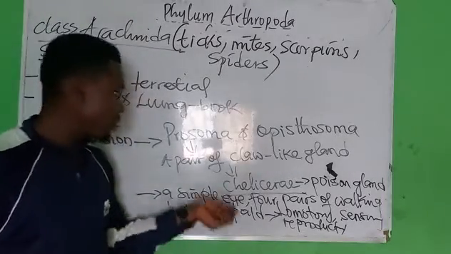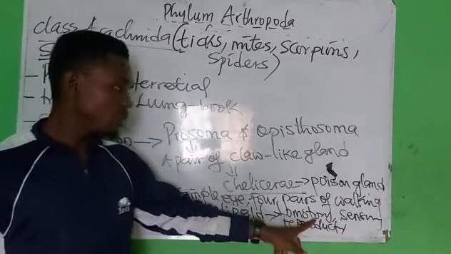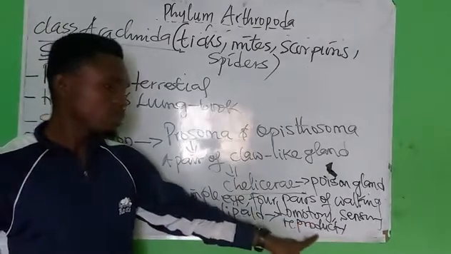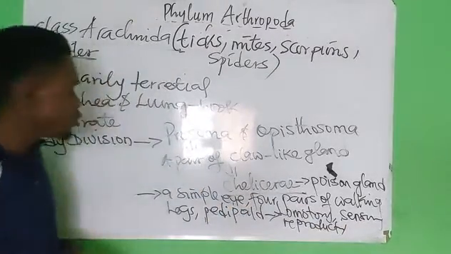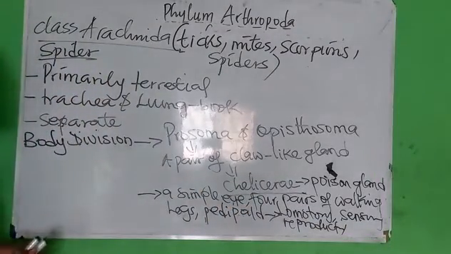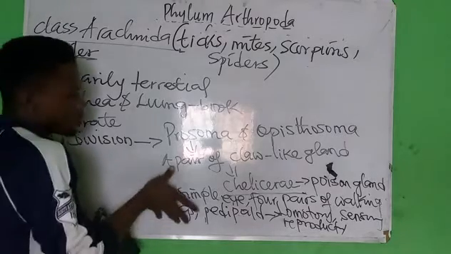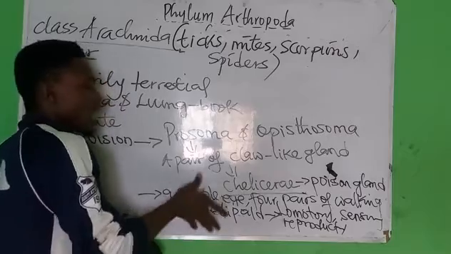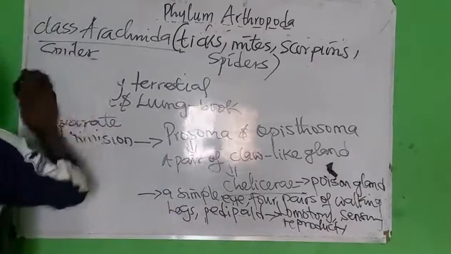The pedipalp, which is also found in the prosomal region, could be locomotory, reproductive, or what? Sensory in function. Please take note of that. It is very, very important. So all these things I've mentioned are in the prosomal region of the spider.